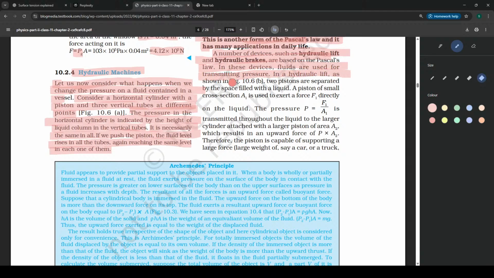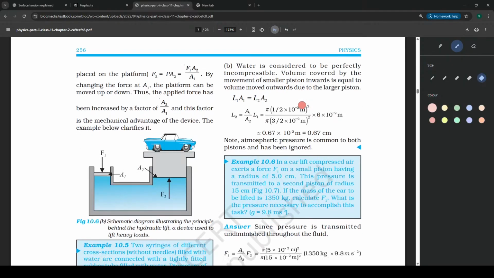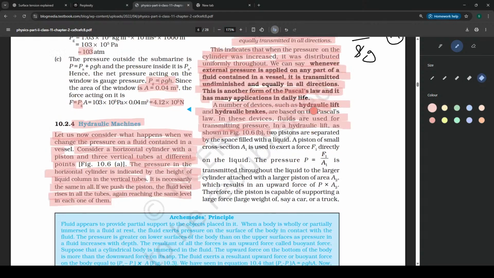In a hydraulic lift, as shown in figure 10.6b, two pistons are separated by a space filled with a liquid. A piston of small cross-section area A1 is used to exert a force F1 directly on the liquid.